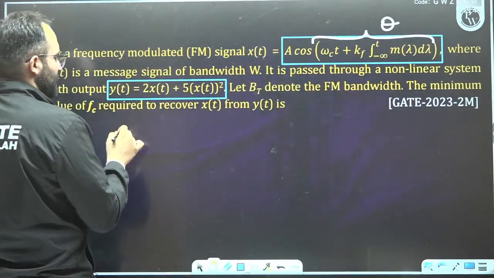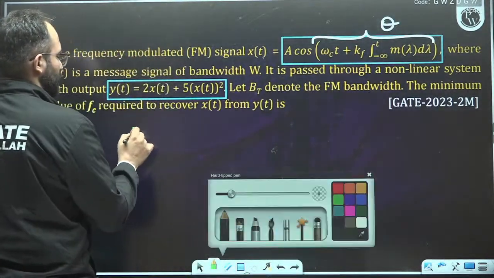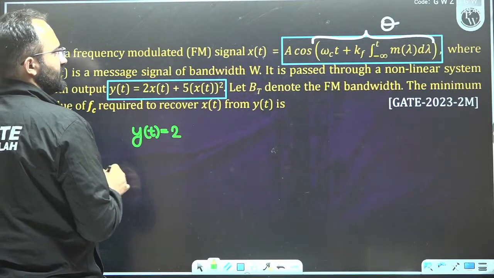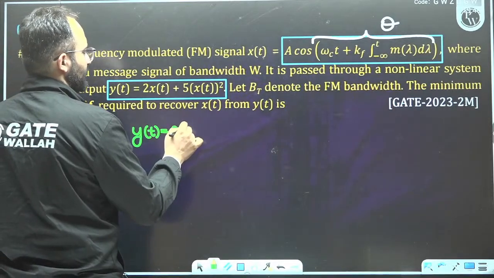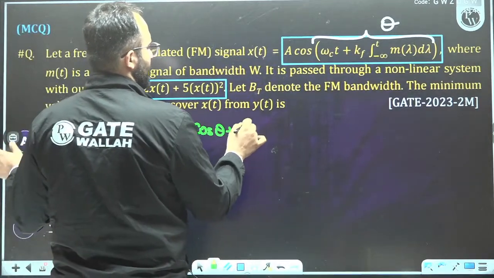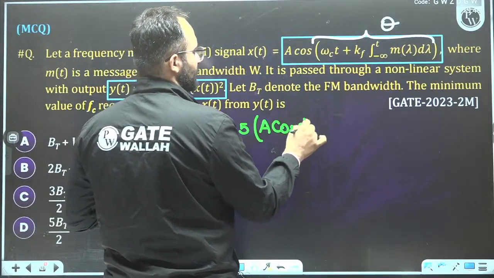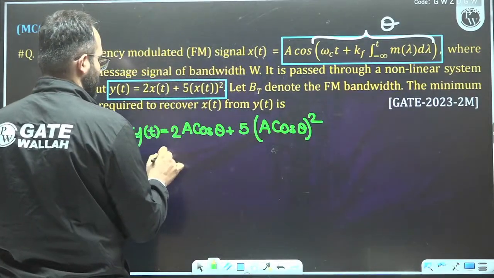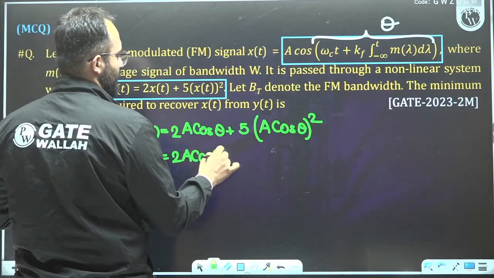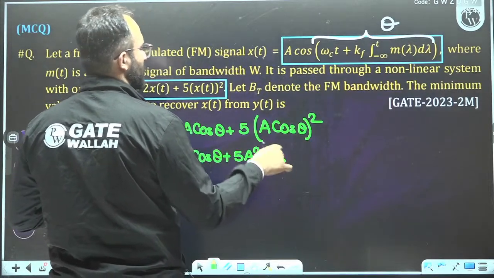So here we can see that y t is the sum of the two terms: A cos theta plus 5 times A cos theta whole squared, that is 5 A squared cos squared theta.